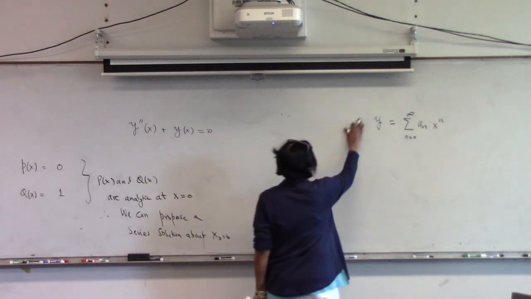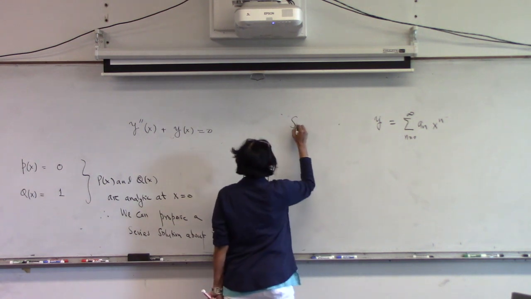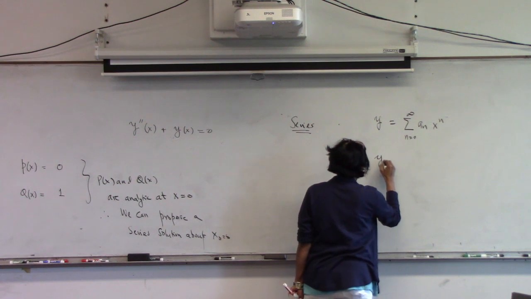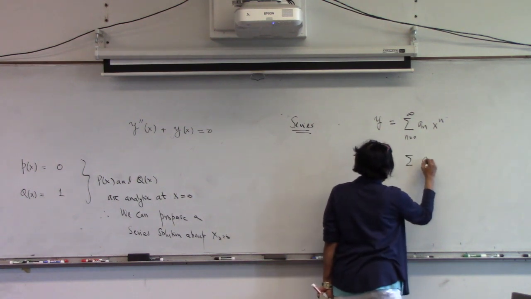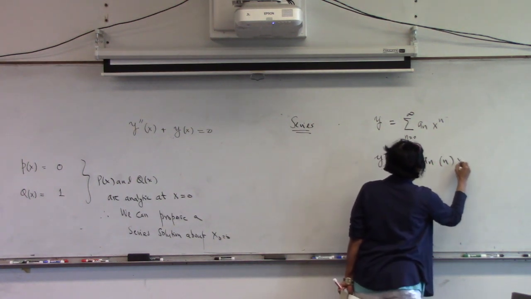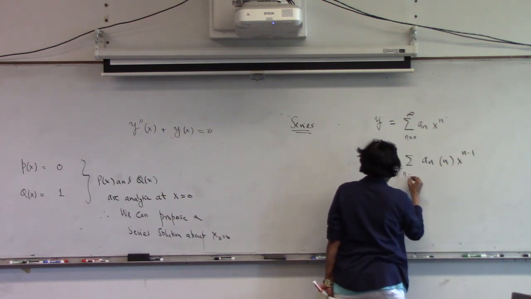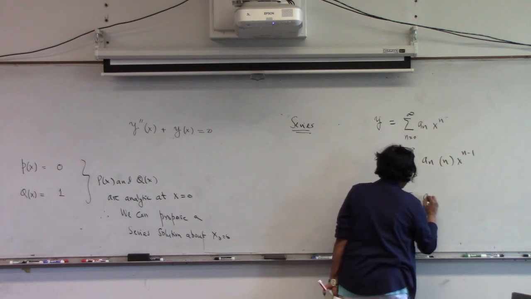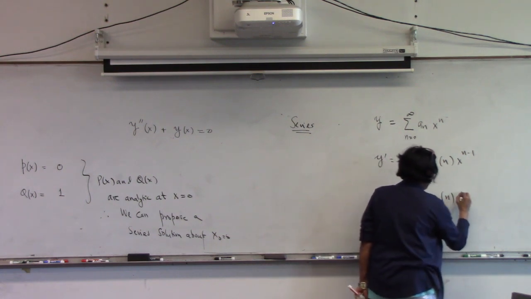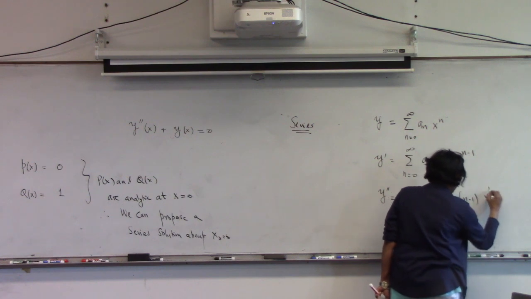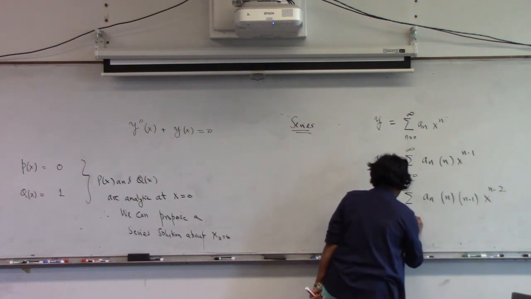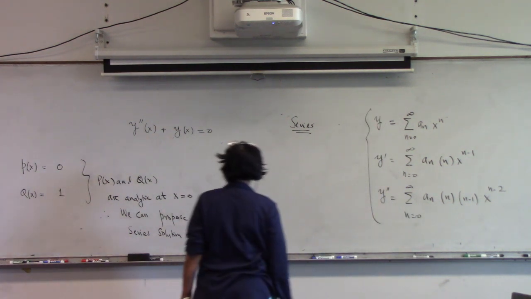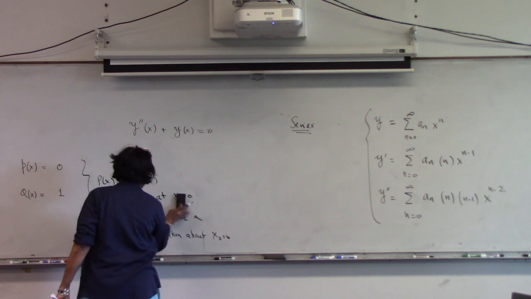So the procedure is, this is your series, and I will take the first derivative and second derivative. y prime is the summation of a sub n n x to the power of n minus 1, going from 0 to infinity. y double prime is the summation of a sub n n times n minus 1 x to the power of n minus 2, going from 0 to infinity. Now I want to plug that into the differential equation.